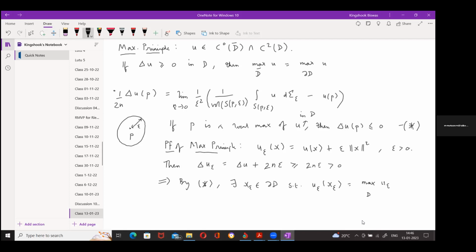over D closure, right? So now you let epsilon n tend to 0. You take a sequence tending to 0, and then you take the corresponding points x epsilon n. These are in the boundary, so they converge to some point x naught in boundary D along a subsequence, because boundary D is compact.